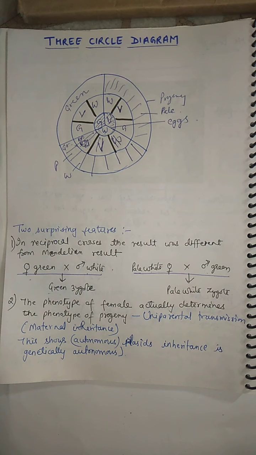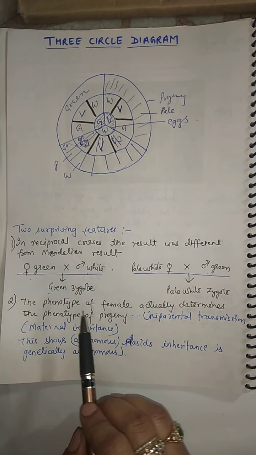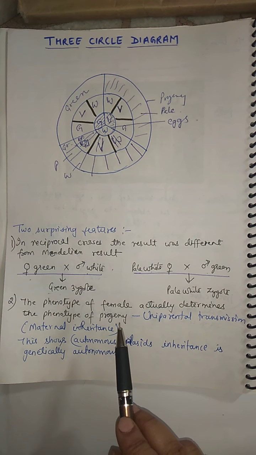This is quite different from the result we get from Mendelian crosses. Hence, Correns observed that the phenotype of the female determines the phenotype of the progeny.